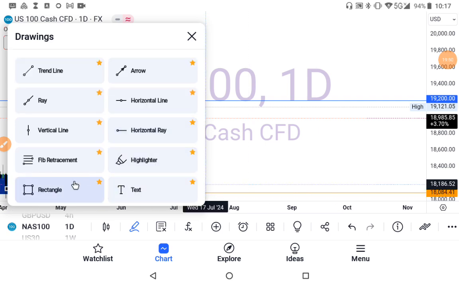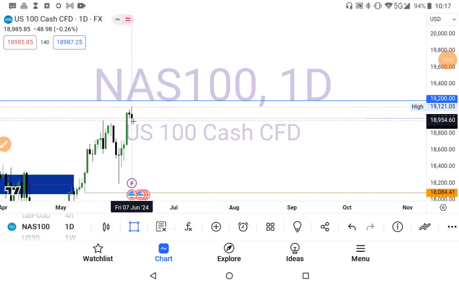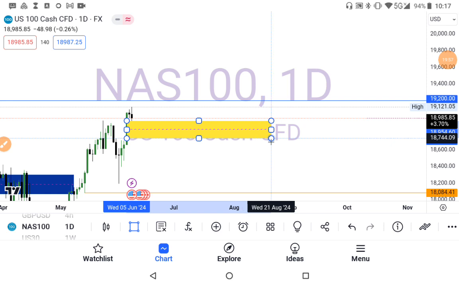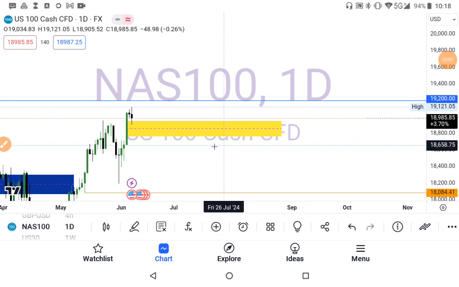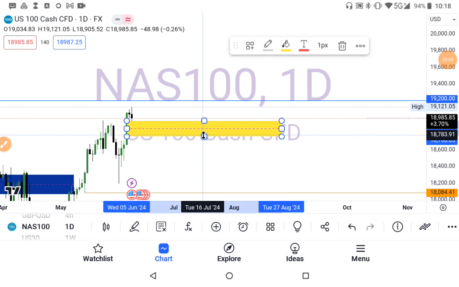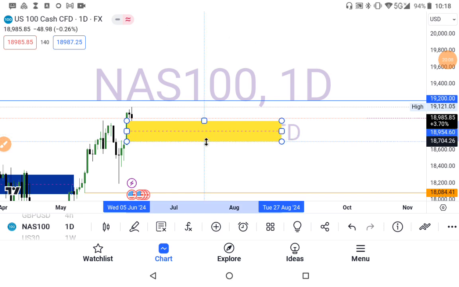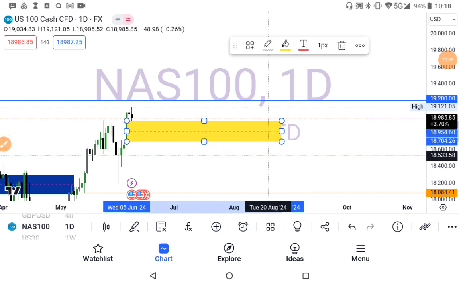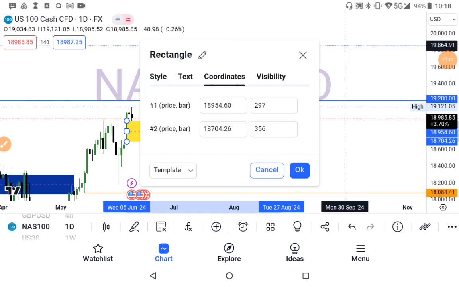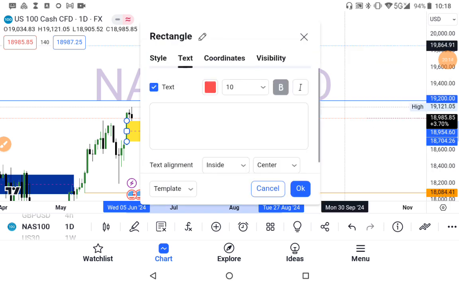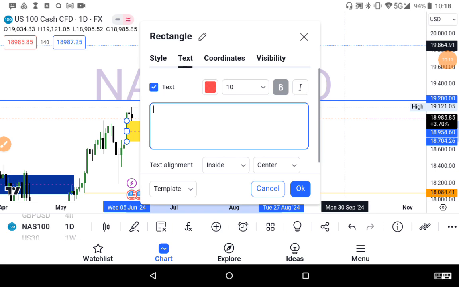I'll be expecting a kind of support around this fair value gap here, because that is a BC. Buy side imbalance, sell side inefficiency.